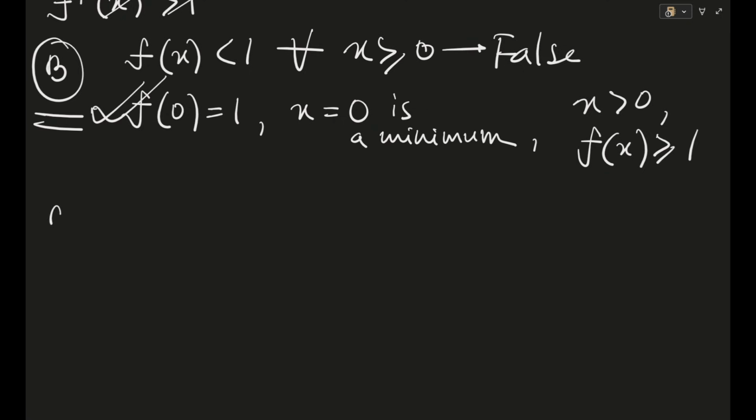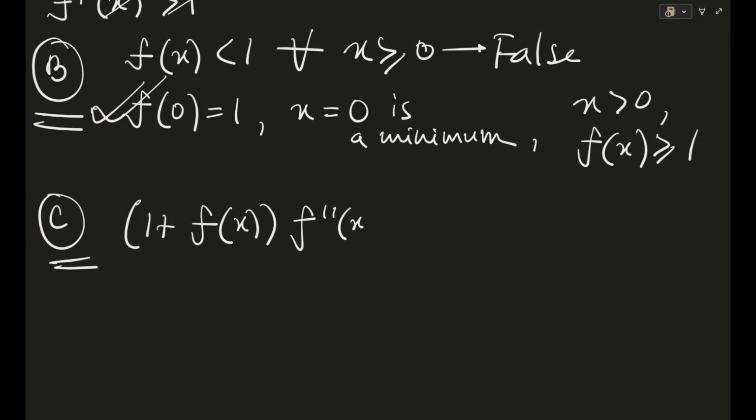Okay. Going to option number C, where they have given us that the maximum value of f of 2 is 2. So our equation was given as 1 plus f of x into f double dash x is equal to 1 plus x.